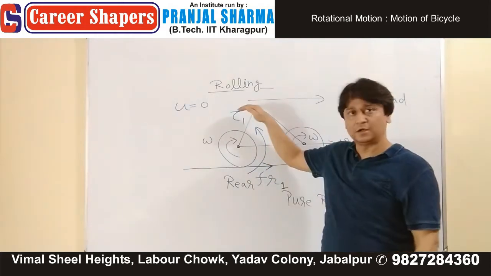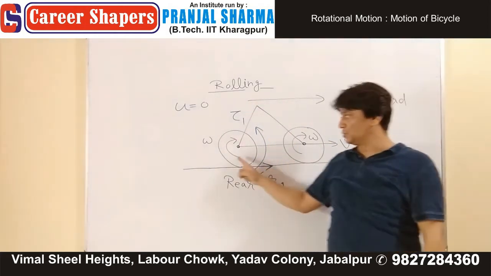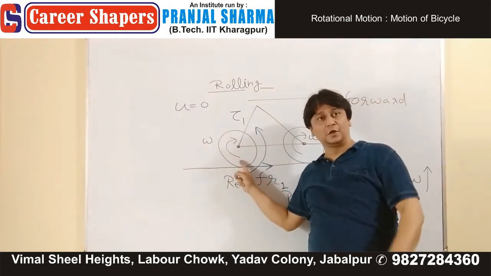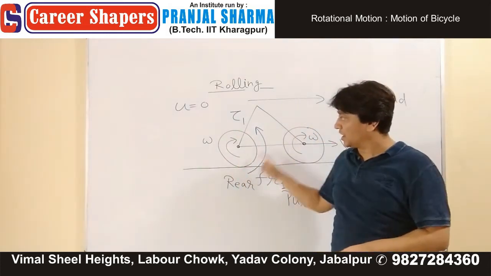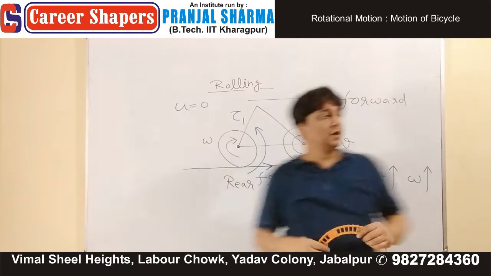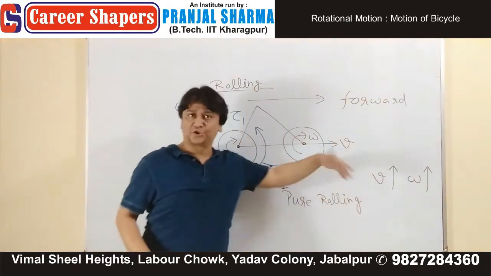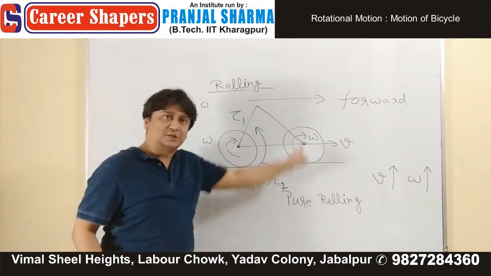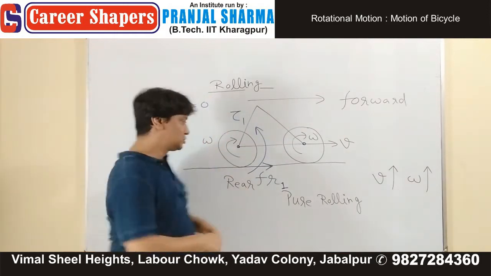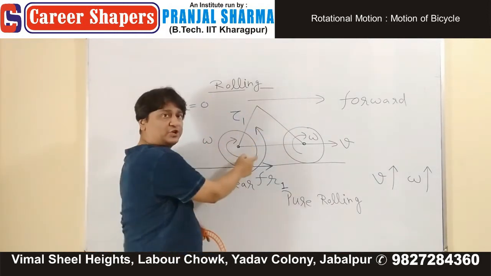This torque is going to oppose your efforts. Your efforts are in the clockwise direction. A bike moving in the forward direction means you have to paddle clockwise. This clockwise paddling is being opposed by the torque of friction.